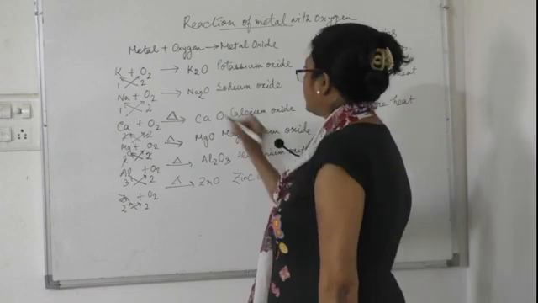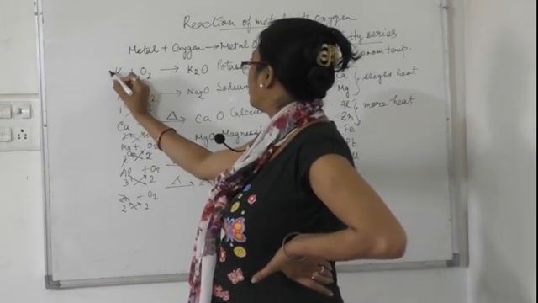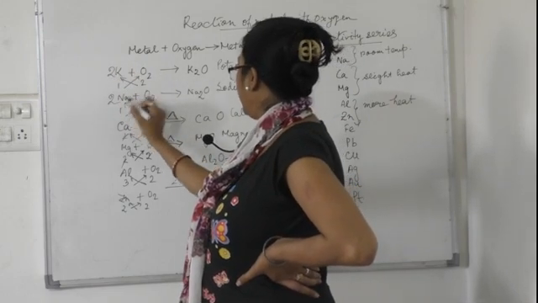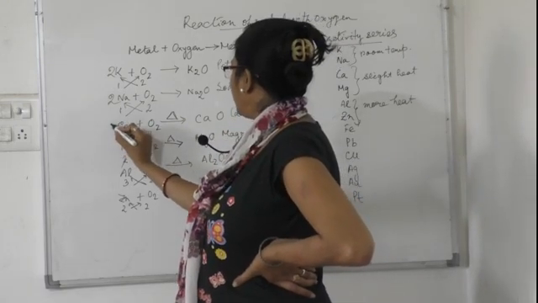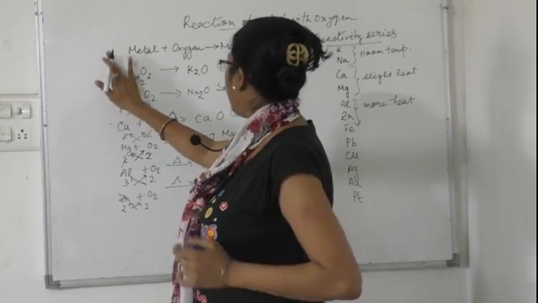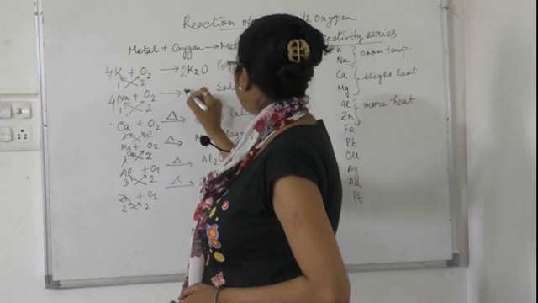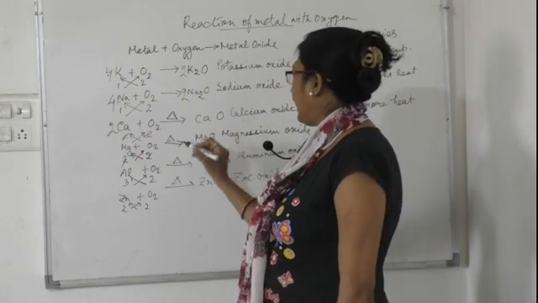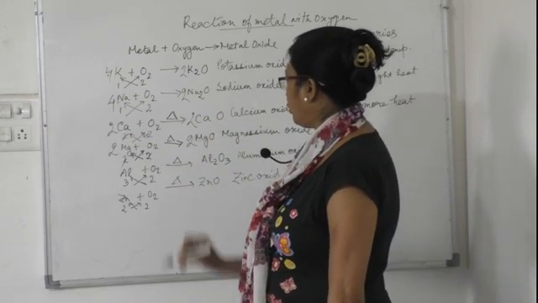Now let's balance all this. Here the balancing will be 4K, 4Na, then 2K2O, 2Na2O, and here 2Ca, 2CaO, and 2Mg, 2MgO.